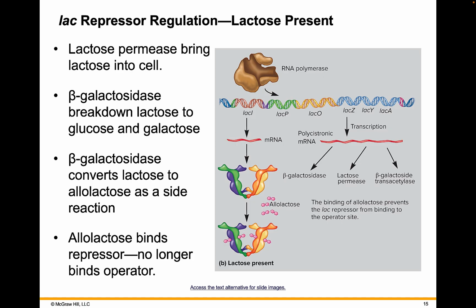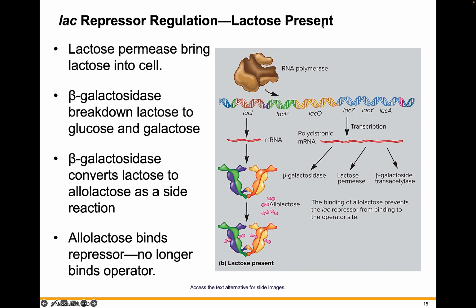Now we are seeing the lactose repressor regulation when lactose is present. As we said, when there is no lactose, even in that condition there is a slight production of each one of them, which are the lactose permease and beta-galactosidase. These lactose permeases are present on the plasma membrane.